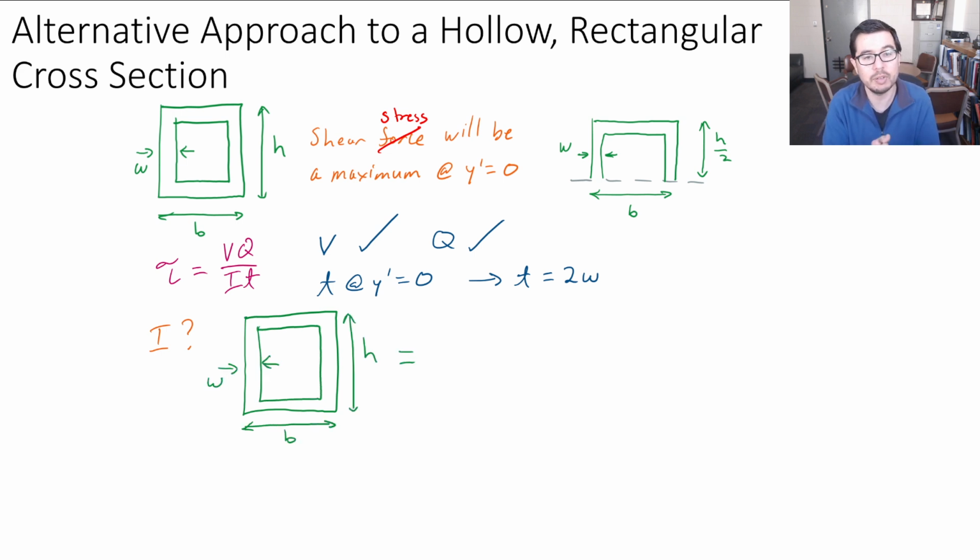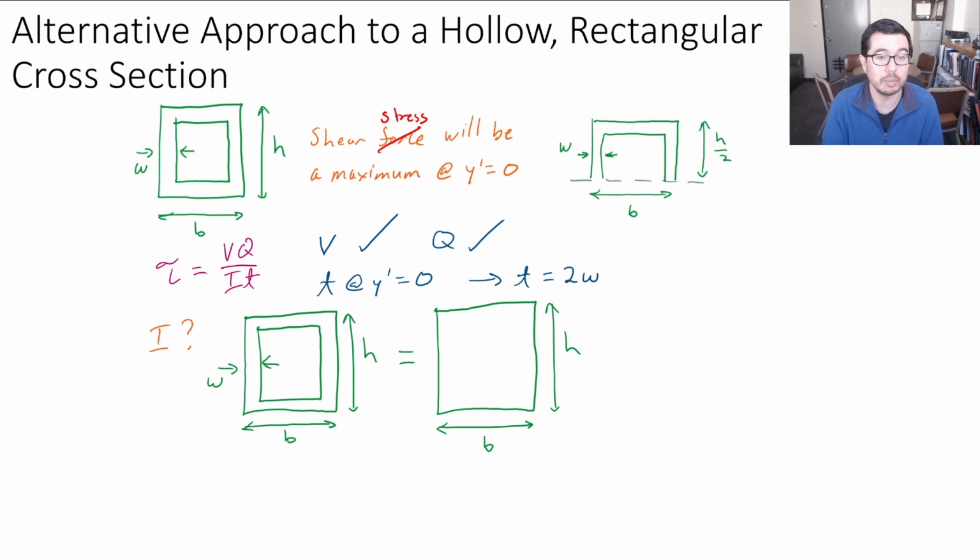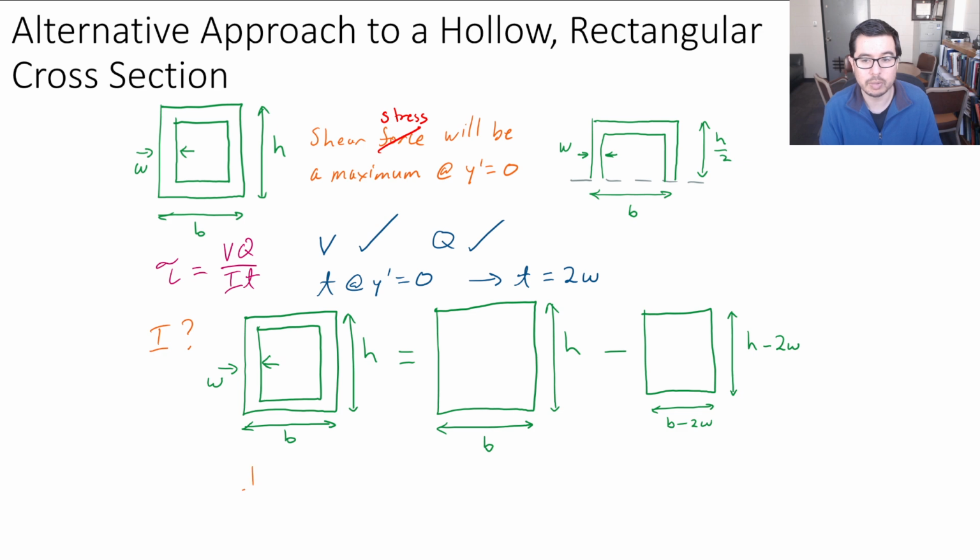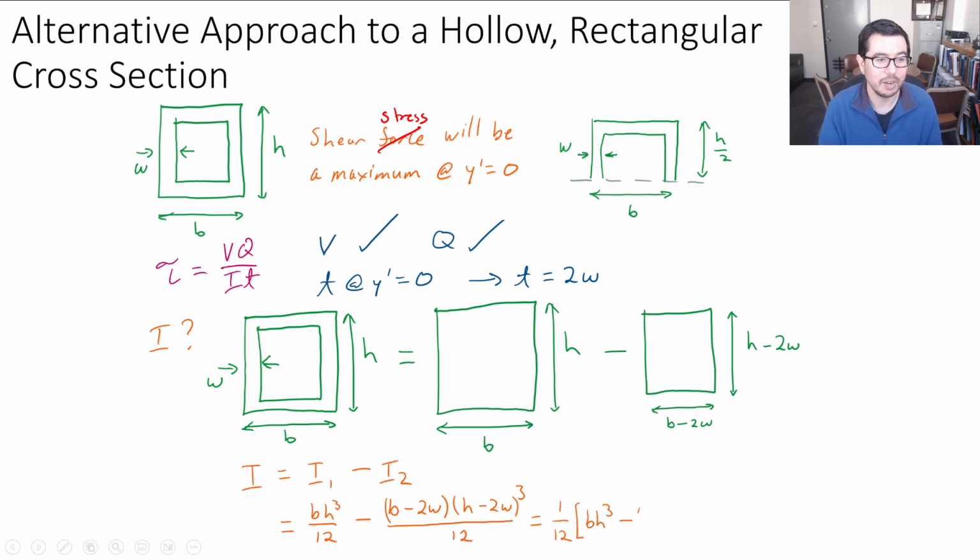We have bh cubed over 12 for a big region, and then we have this inner part, and it shares the same neutral axis. So we can hollow that out and subtract it from the large region to determine the second moment of area. And with all these parameters, we can then figure out what the transverse shear stress is.